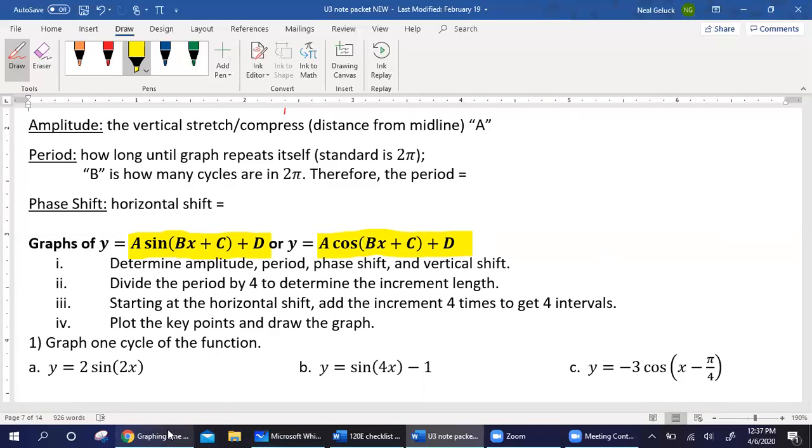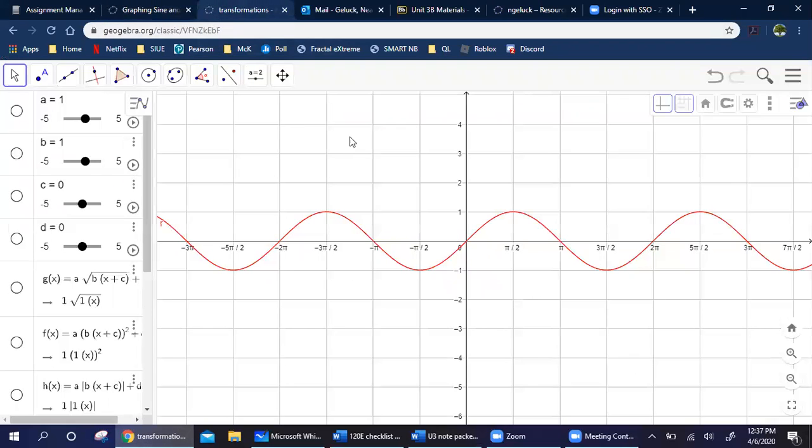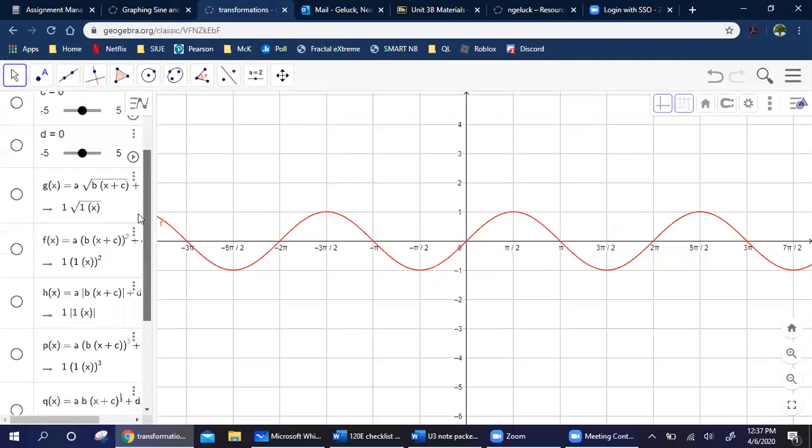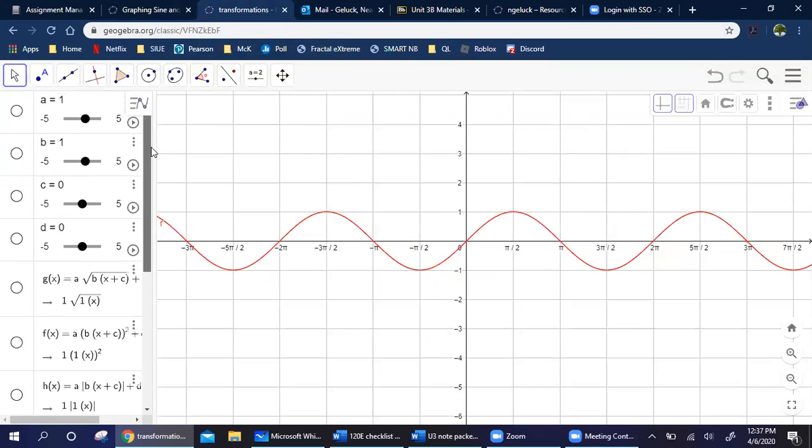So in terms of trig graphs, and this is a different app that I have posted on Blackboard. I've got several functions here, but down on the bottom are sine and cosine. So right now I have sine selected. The a number influences the vertical stretch or compression.